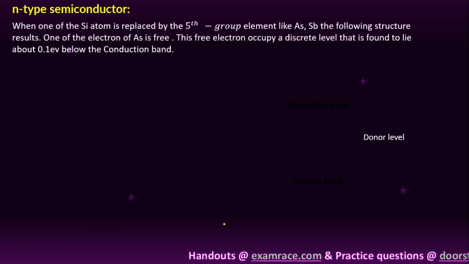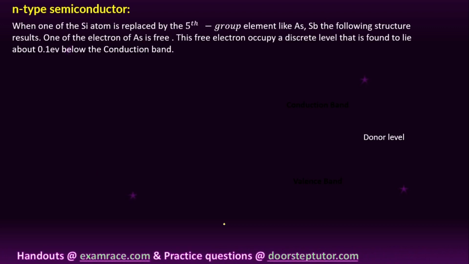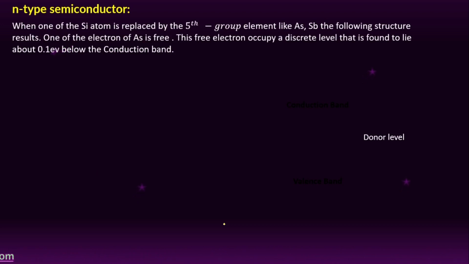N-type semiconductor: when one of the silicon atoms is replaced by a fifth group element like arsenic or stibine, the following structure results. One of the electrons of arsenic is free.